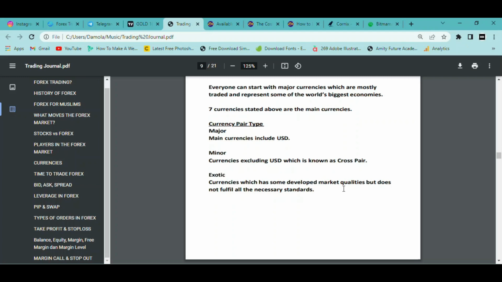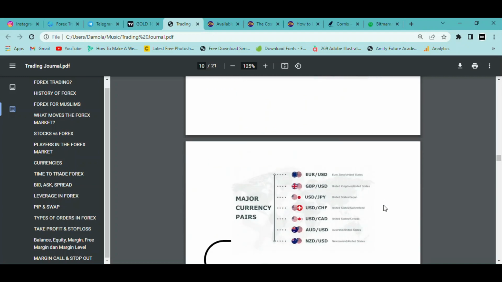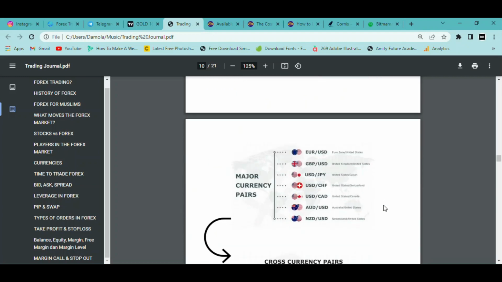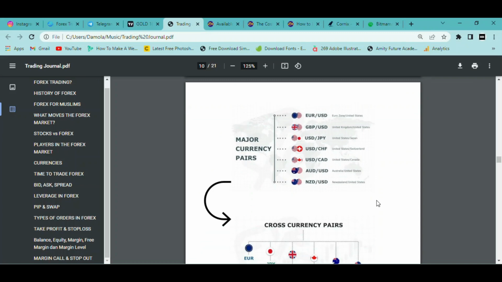There is also one thing called a currency pair. In Forex, a currency pair is you trading two currencies together. The major currency pairs are EUR/USD, GBP/USD, USD/JPY, USD/CHF, USD/CAD, AUD/USD, NZD/USD.